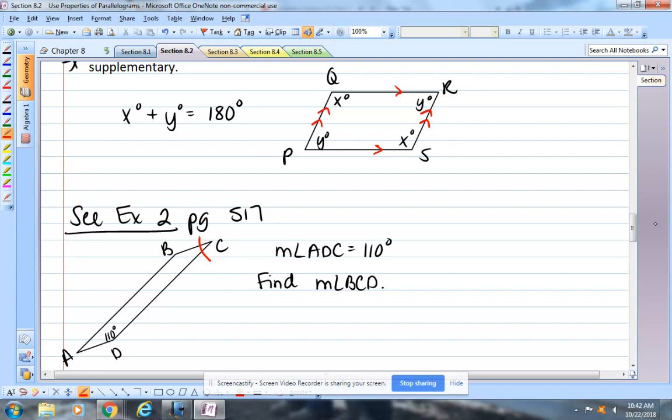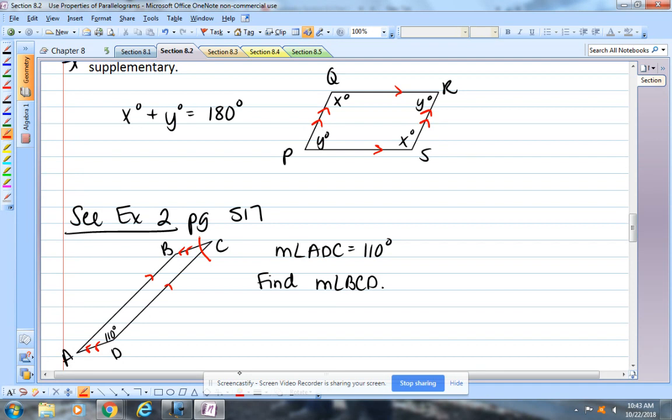This is a very elongated parallelogram, right? They're not marked, so I'm going to mark them for you. We can't assume. I already told you that, didn't I? All right. So if it's a parallelogram, angle D down here is 110 degrees, and we want to find the measure of BCD, which is angle C. What's C's relationship to D?